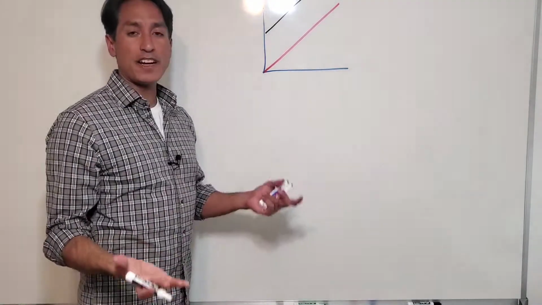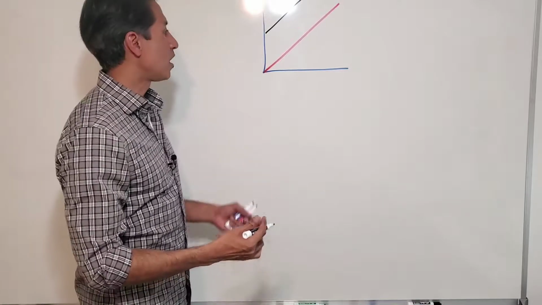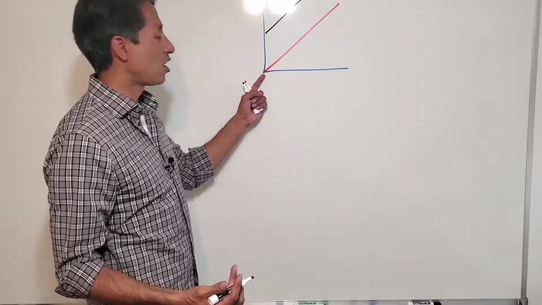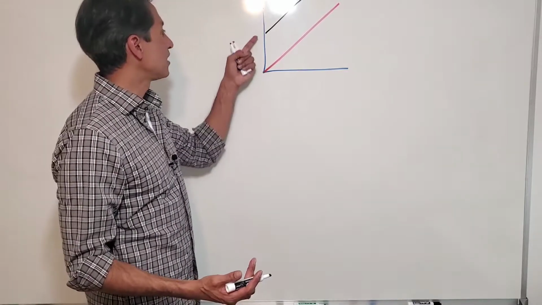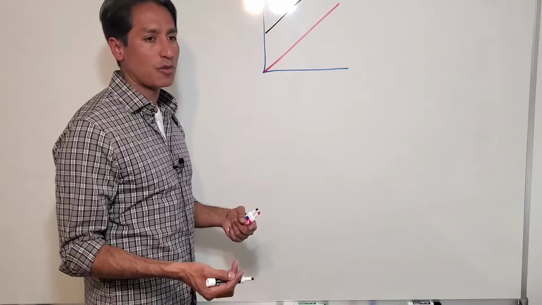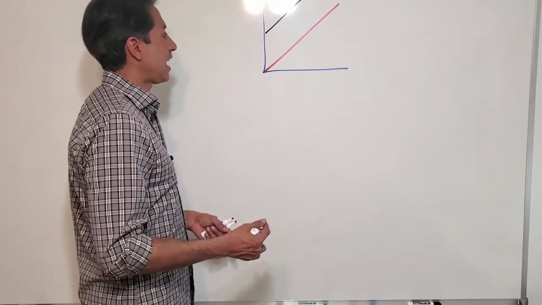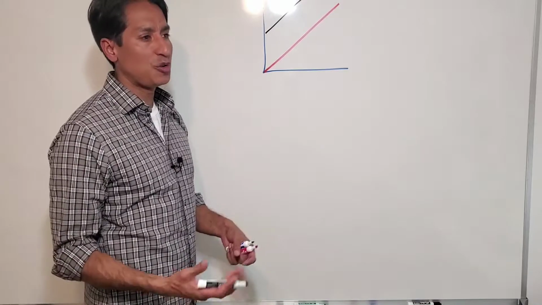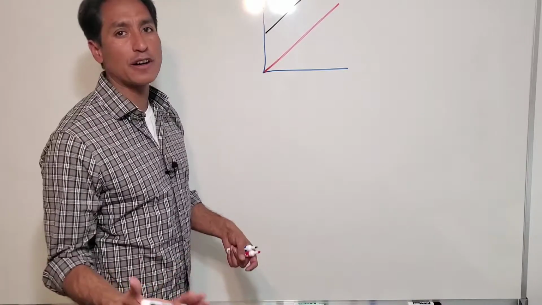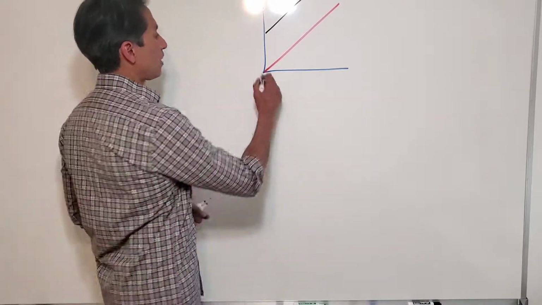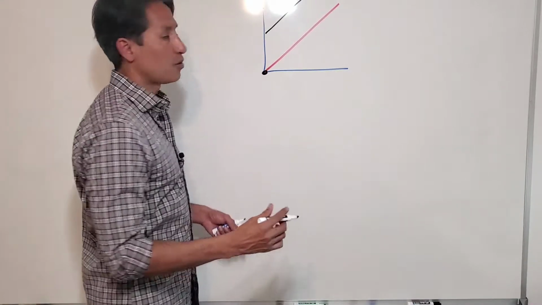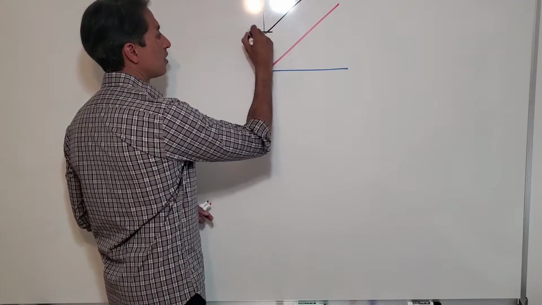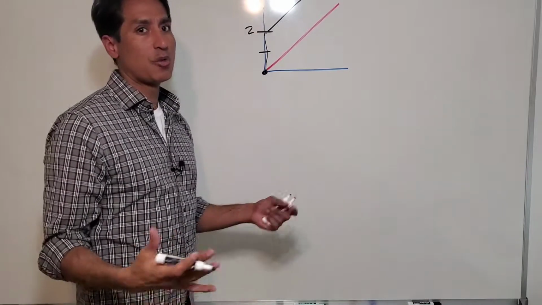Which one is direct variation? Which one is not? Well, in class we discussed this. Anything that has direct variation has to start at the origin. If it doesn't, it means that it's some kind of situation where, let's say it costs $2 to go into the amusement park and then $1 for every ride. So if I start here and go to the amusement park, I have to pay $2 before I even do a ride.